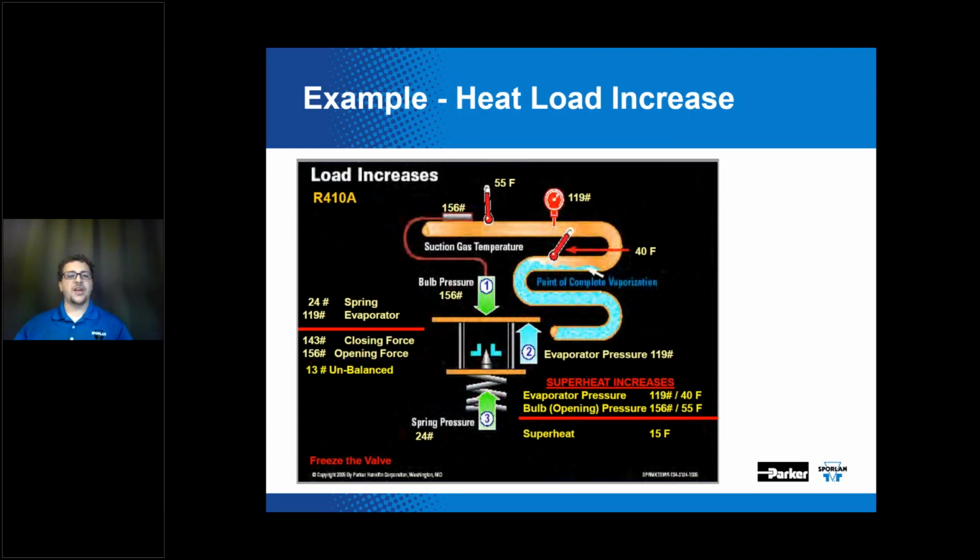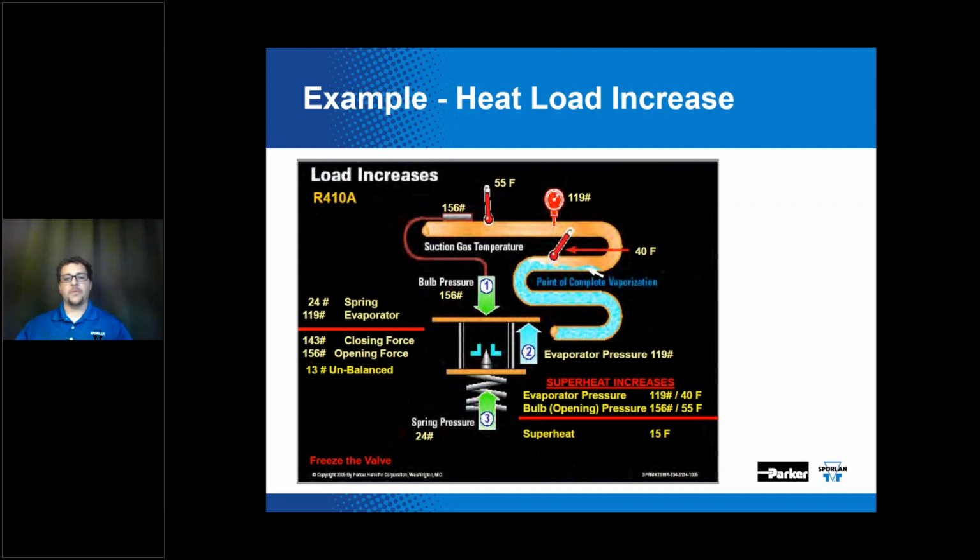So in this case, instead of a 50-degree bulb temp, the bulb temp went up to 55 degrees Fahrenheit. And if you look at your PT card, a 55-degree bulb temp for an R410A system would give you about 156 pounds of opening force on the top side of the diaphragm.